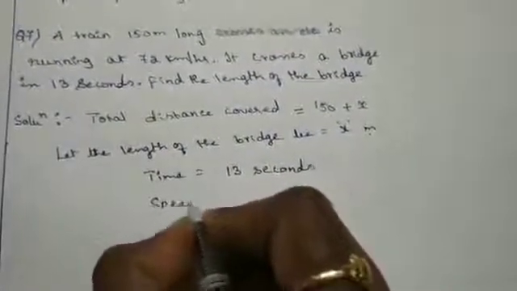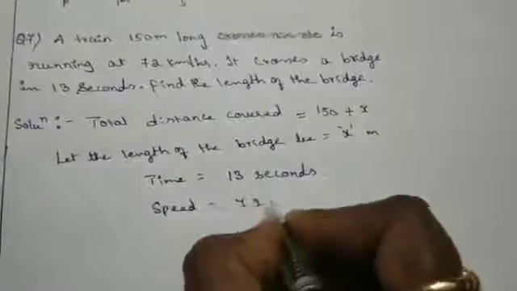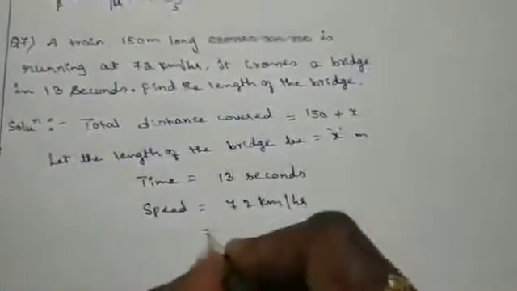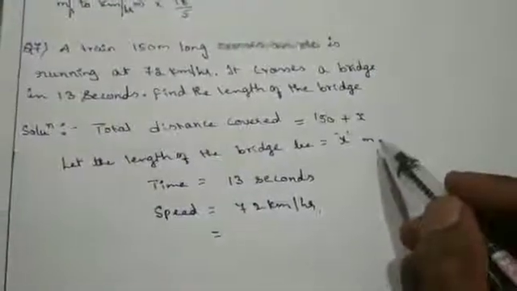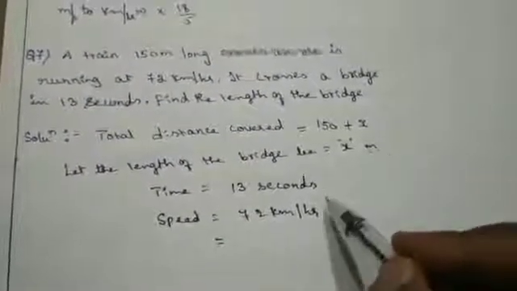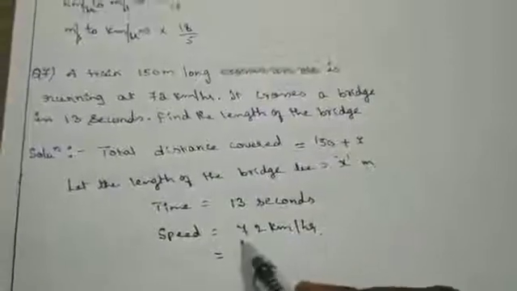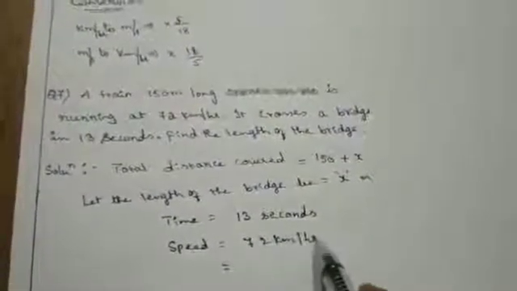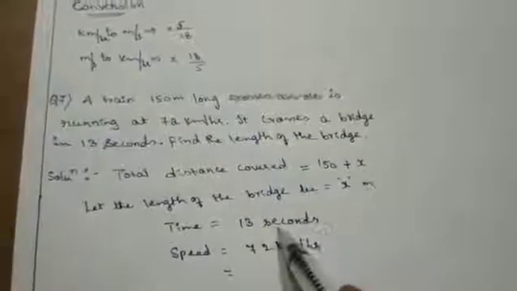Speed equal to 72 km per hour. Here the distance is given in meters and time is given in seconds, but the speed is given as 72 km per hour. So the kilometer per hour should be changed into meter per second.